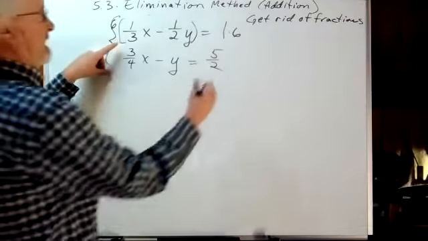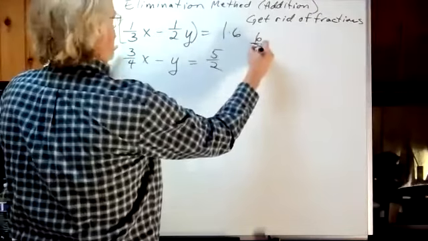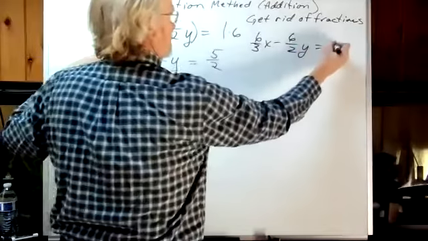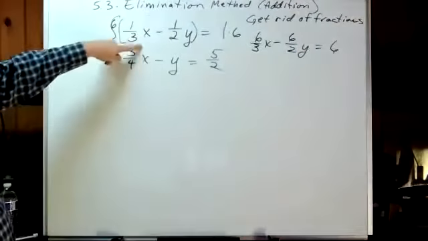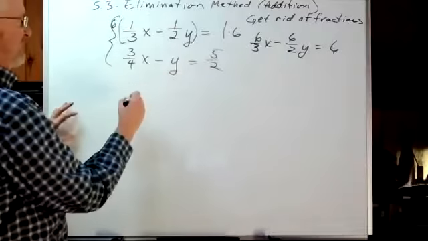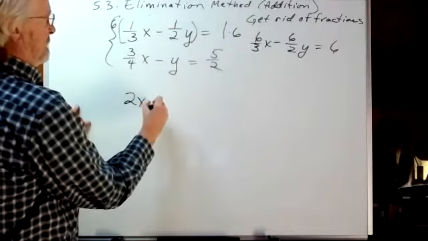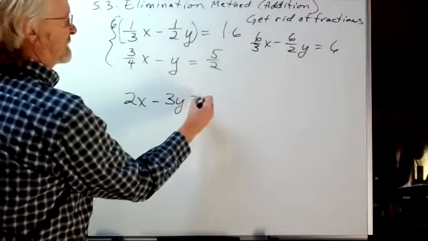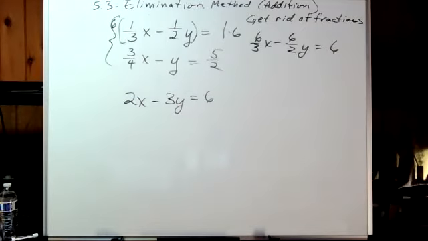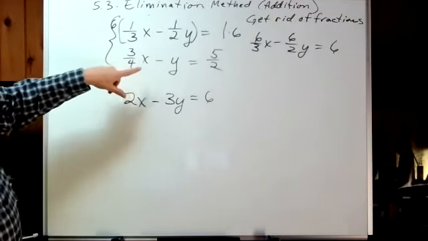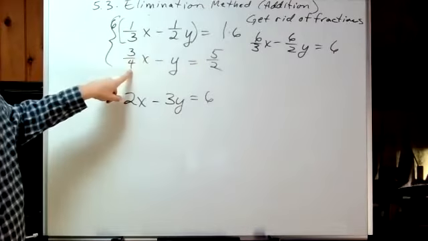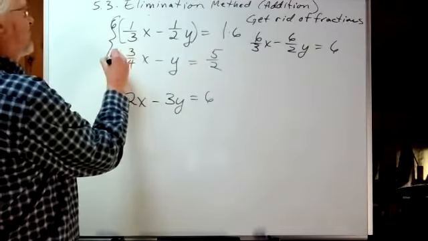Now over here, I'd get 6/3 x minus 6/2 y equals 6. First equation, right? Just 6 on top, 6 on top. That's 2x minus 3y equals 6. I'm just getting rid of fractions. Similarly, for the second equation, the common denominator, how about the 4? I just multiply everything times 4.